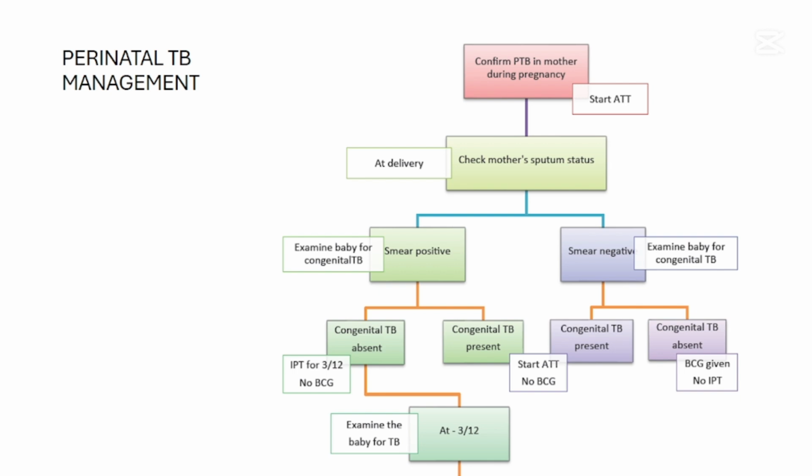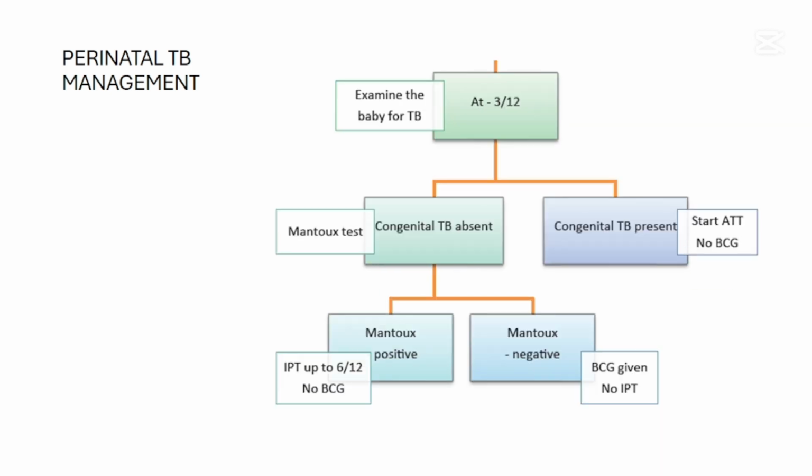If the child has signs or symptoms of congenital TB and the mother is sputum negative, we still have to treat. If the mother is sputum positive and the child has no congenital TB symptoms or signs, we should start INH prophylaxis, continue it for 3 months, and reassess the child after 3 months, clinically as well as with the Mantoux test. If the child has features suggestive of tuberculosis, we have to treat. If not, we can do the Mantoux test.